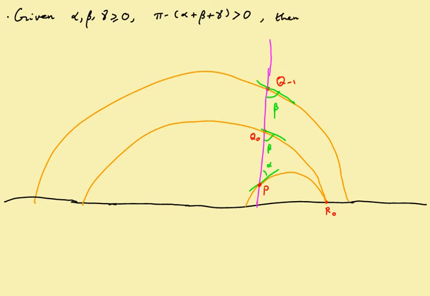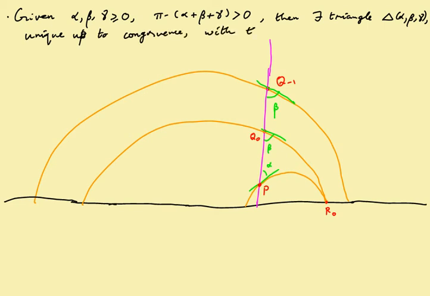Then there exists a triangle, I'll call it delta alpha beta gamma, unique up to congruence, with angles alpha, beta and gamma.